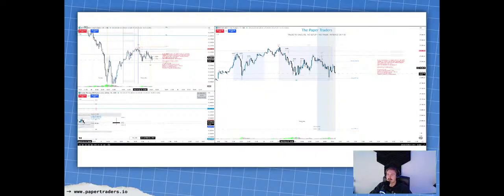Let's see if they want to give us that full downside run here. They don't want to give us some sort of continuation into the downside.